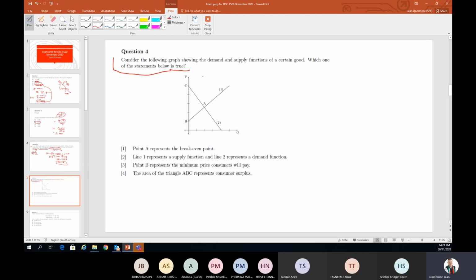So let's quickly look. Line 1 represents supply and demand.